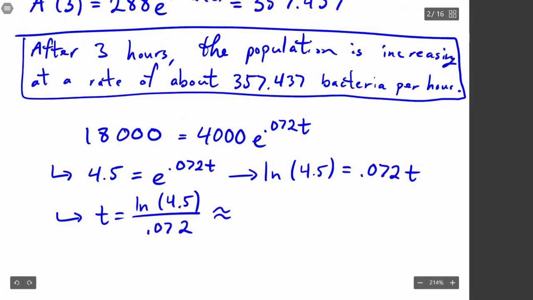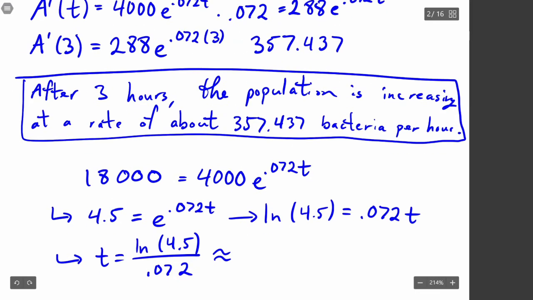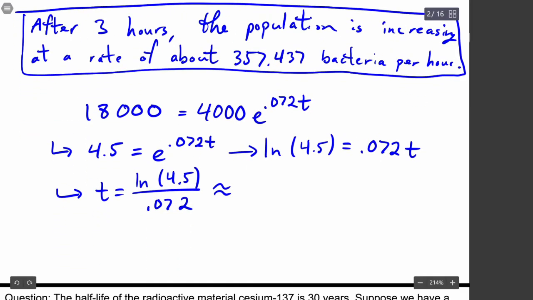I should actually have up here some squiggly equal signs for approximate. Let's go ahead and compute this: ln of 4.5 divided by 0.072 is about 20.890.